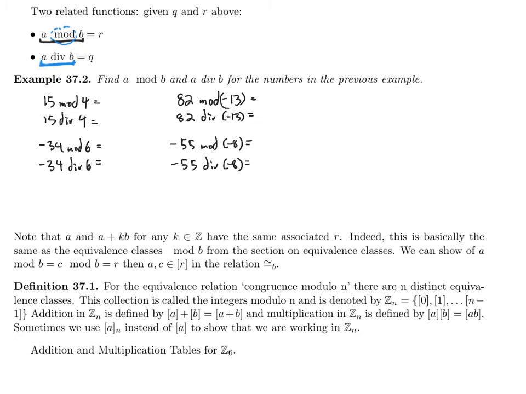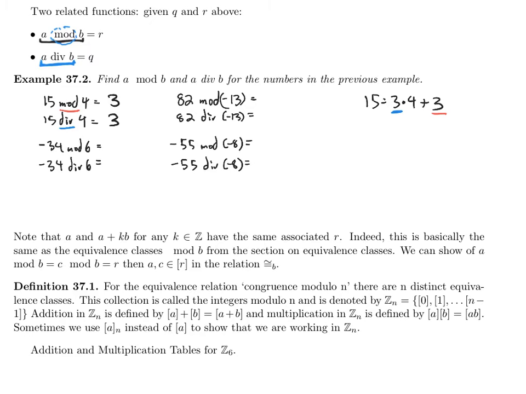Okay, so here are all 8 things we want to work out. Well, 15 mod 4, that's the remainder when you divide 15 by 4, so that's 3. And the quotient was 3, since 15 equals 3 times 4 plus 3. The mod is the remainder, and the div is, of course, the quotient.